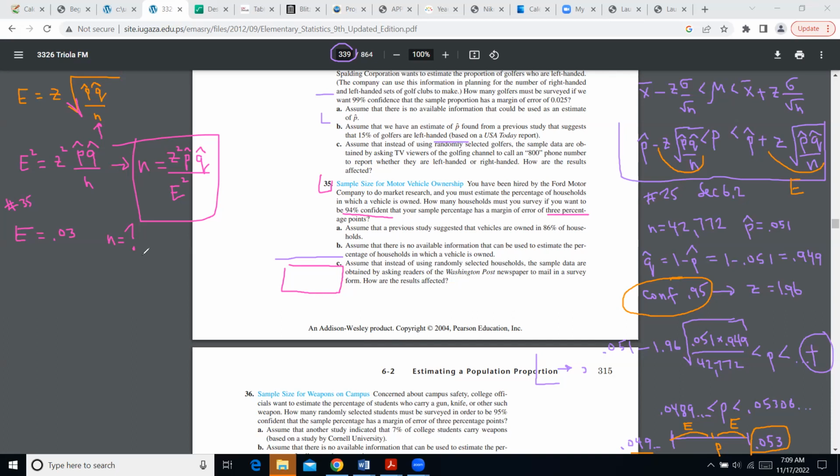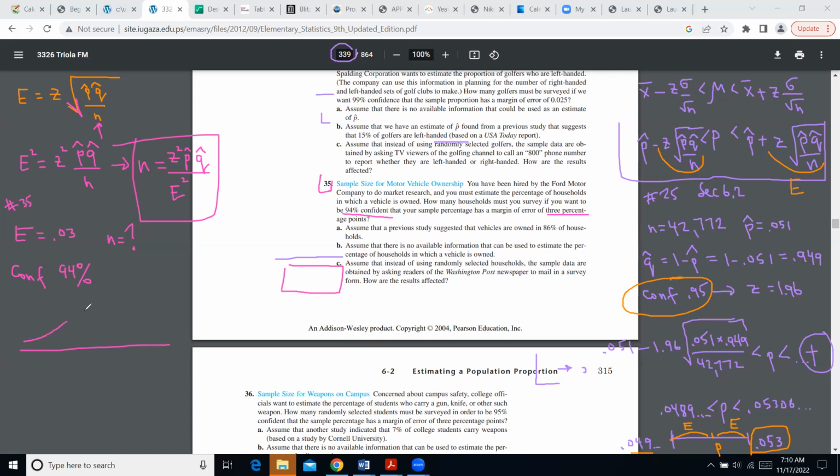So they don't want to survey too many people, but if they don't survey a lot of people, then the value of that research will be nothing. So they decided that they want to be within 3 percentage points, and the level of confidence they want is close to 95%, but for some reason they decided to go with 94%. Okay, we can do that, of course.